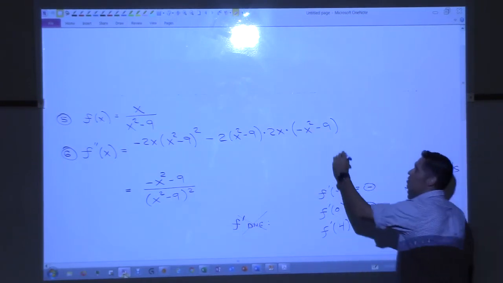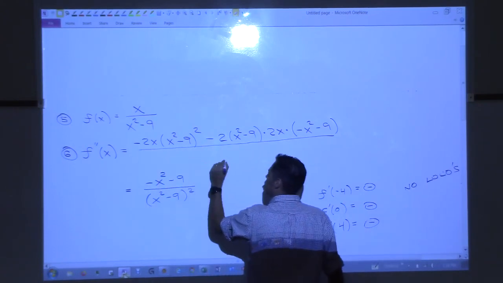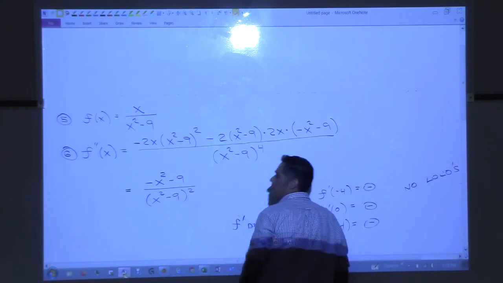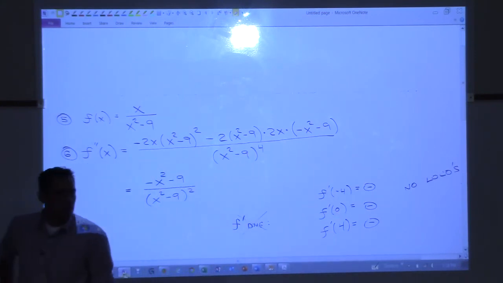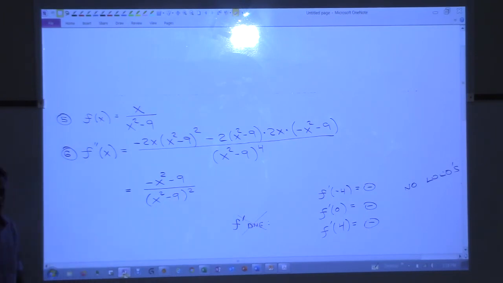Okay, all of this over the bottom squared. So it's going to be to the 4th power, isn't it? Because we're squaring something that was already squared. Any questions on that quotient rule?